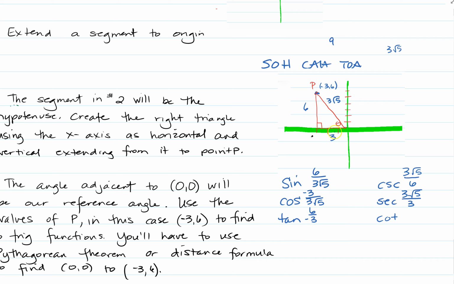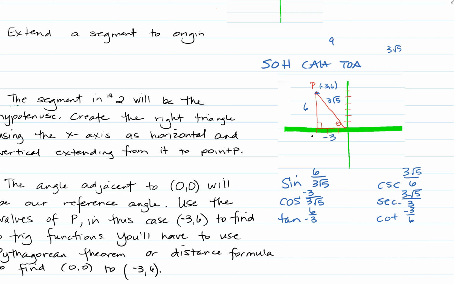Now I didn't have to change my sign for the others because the sign was this positive over this positive, right? So the only thing that has a negative here is this side. I'm probably going to have to make that clearer in class. And now this is negative. And the cotangent is simply -3 over 6. So anywhere I used a 3, I had to make sure I used a -3.